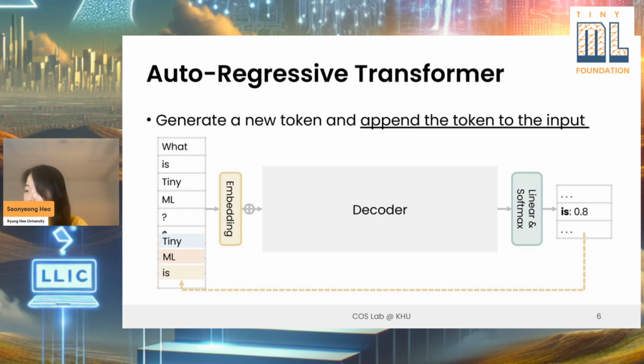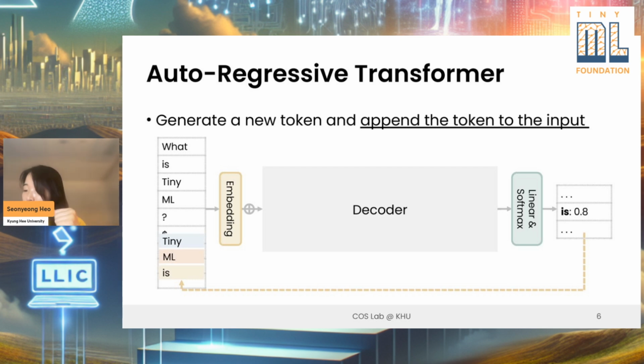For example, let's assume that the model is given an initial input, "What is tiny ML?" Then the model processes the input and generates the next token. Here the token "tiny" is chosen as the next token. Then the token is appended to the input, and the model processes the input with the new token.